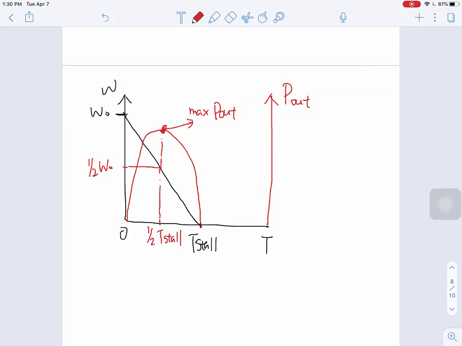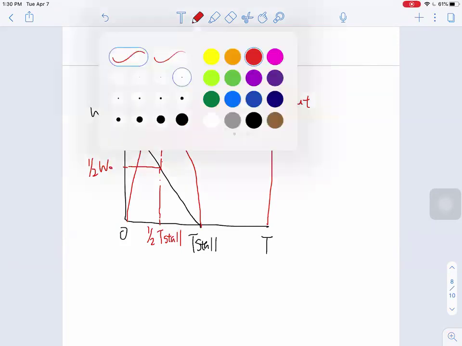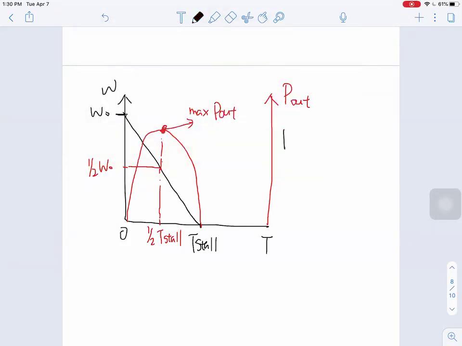And we can easily calculate what the maximum power output is. It's going to equal the mechanical power. Since here we're talking about mechanical power, that's the product of T and omega, right?